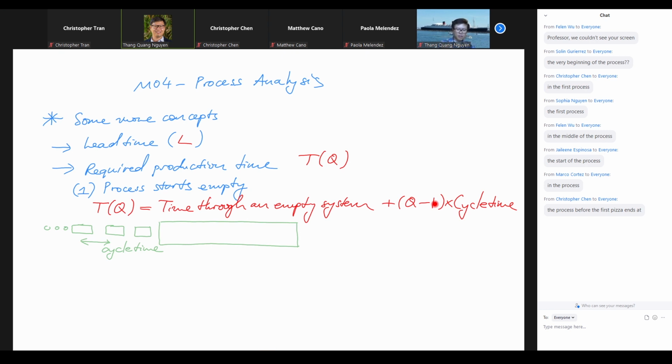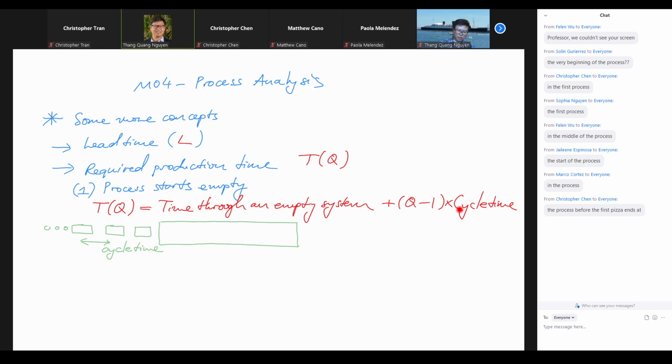In total, it is the time for the first pizza to go through the empty system, plus 19 cycle times. That's the time to cook 20 pizzas. I hope this picture helps to understand this equation. Otherwise, it looks very abstract at first, and it's not that intuitive.